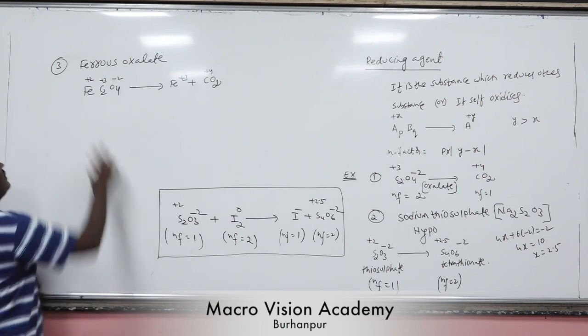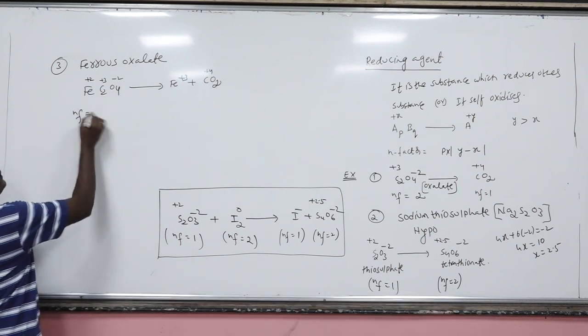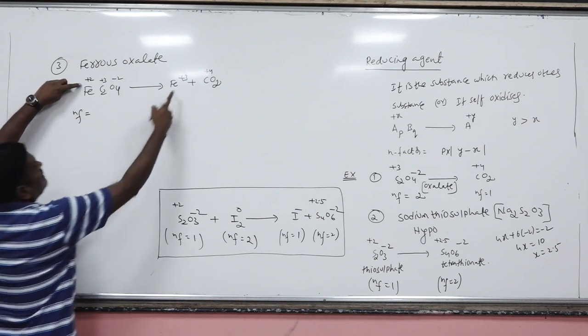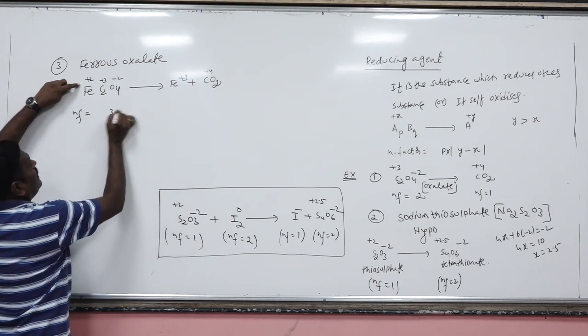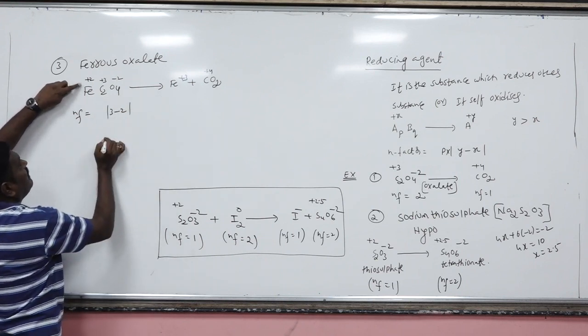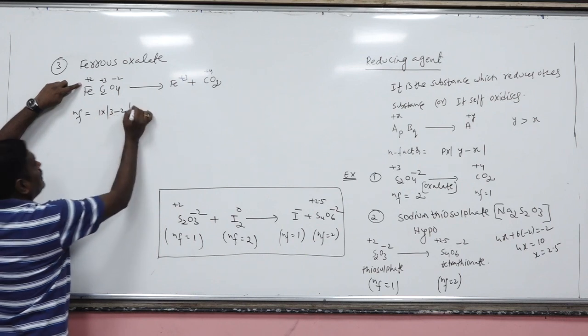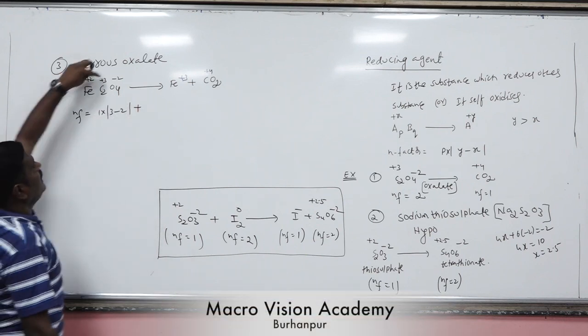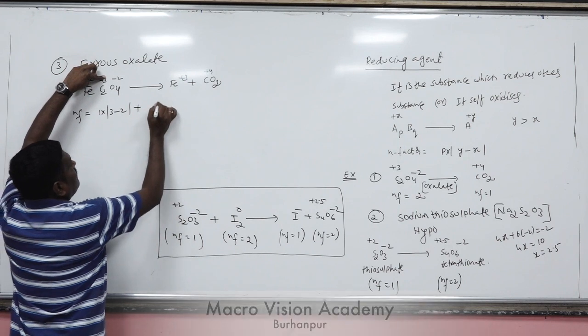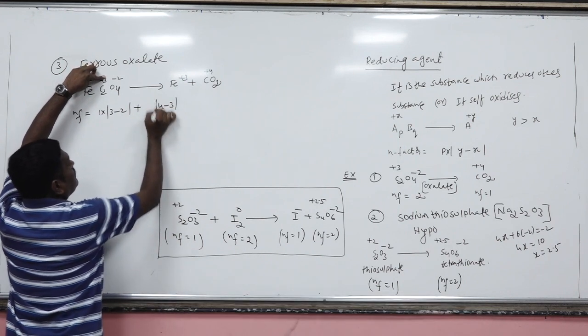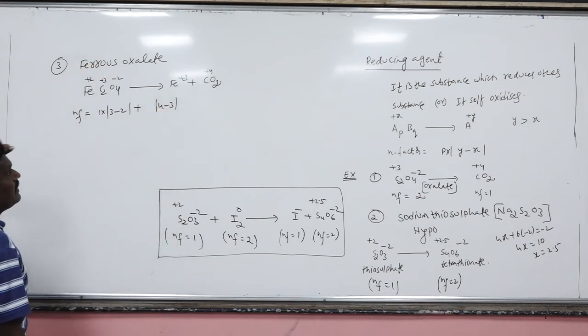So here the N factor is equal to, what is the change in oxidation state of iron? 3 minus 2, number of iron atoms only 1, plus the change in oxidation state of carbon, 4 minus 3.